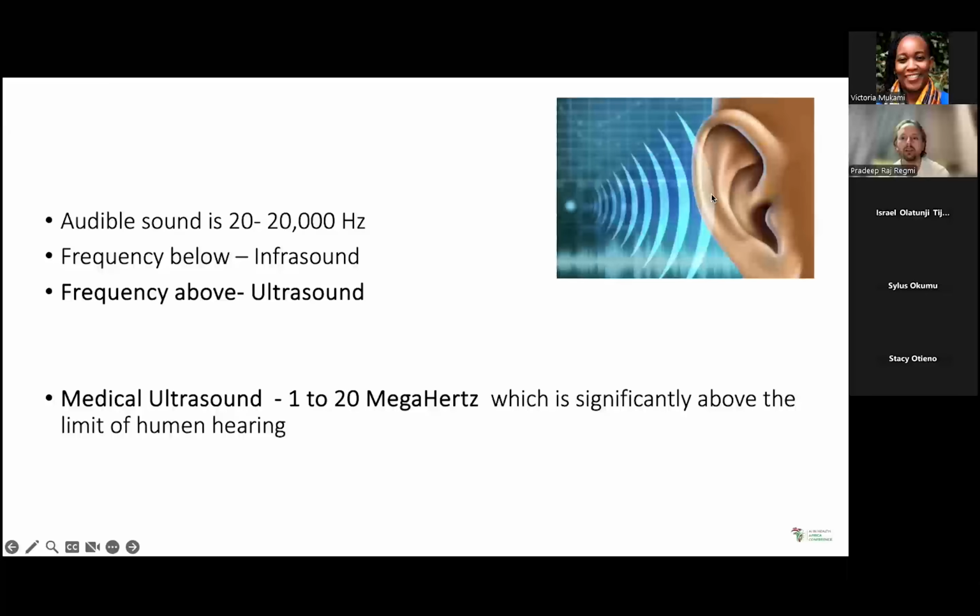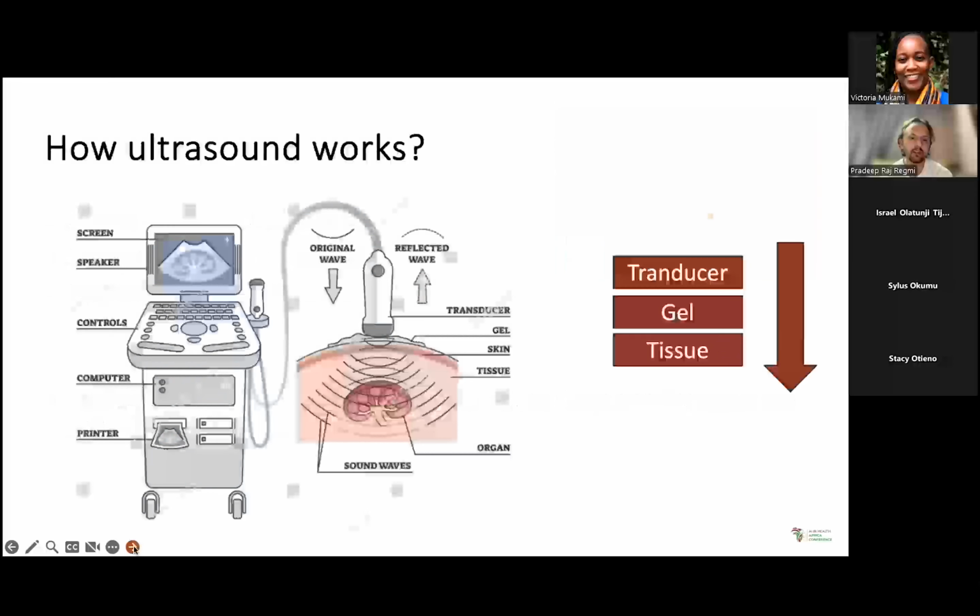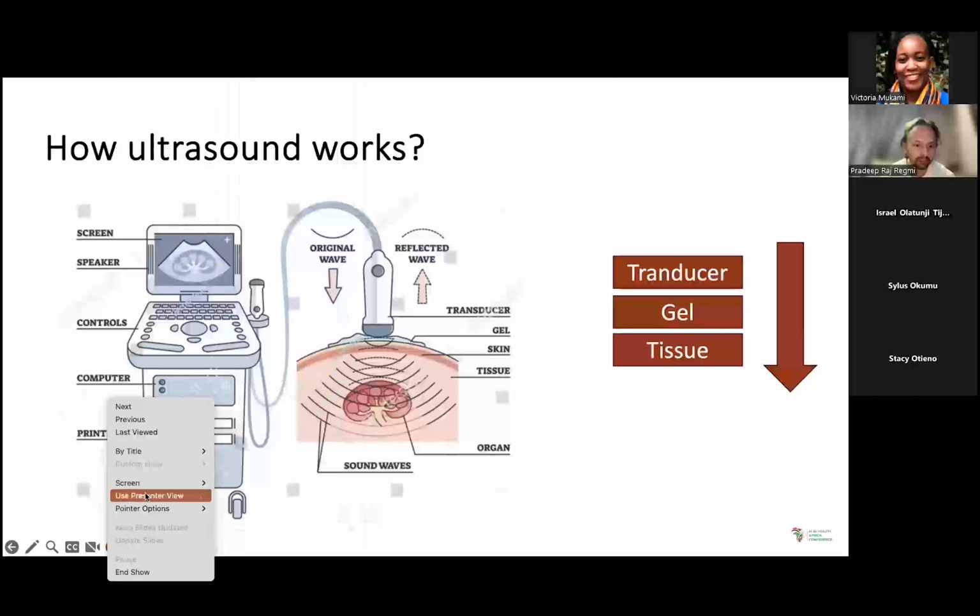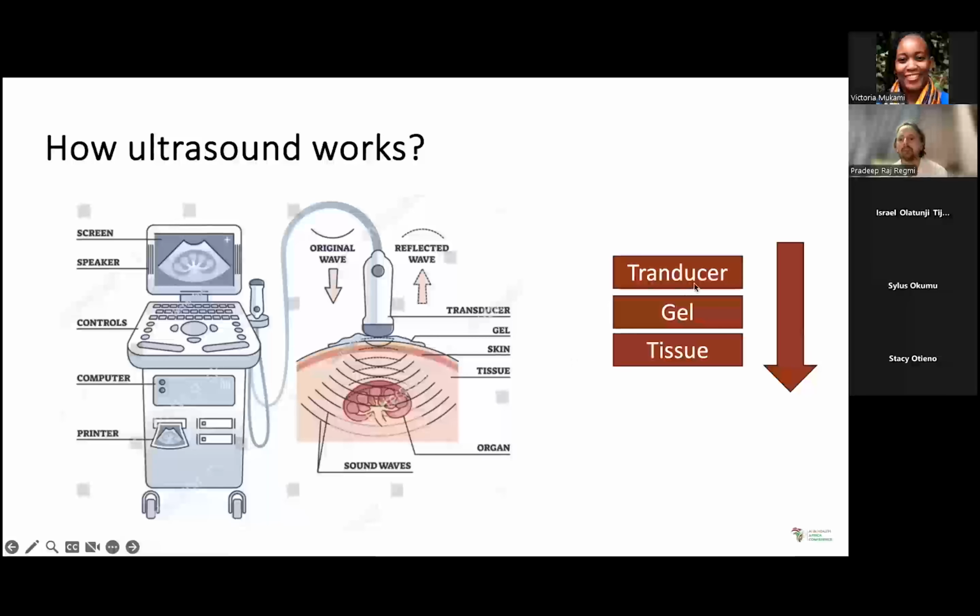And how does it work? After the transducer is kept on the patient's skin, as shown in this image, we put a gel because it reduces the scatter of ultrasound waves so that they can be focused in the patient's abdomen.